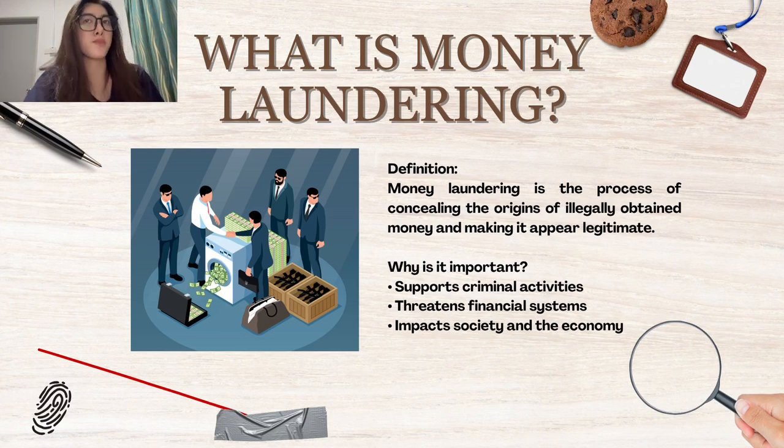This issue is important because it supports criminal activities, threatens the integrity of the financial system, and negatively impacts society and the economy. Understanding money laundering helps us to recognize why governments and financial institutions place strong emphasis on anti-money laundering measures and regulations.